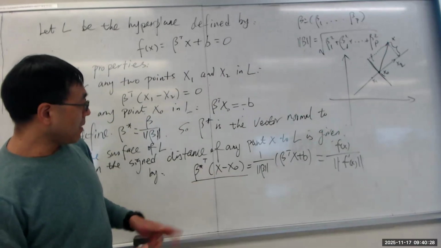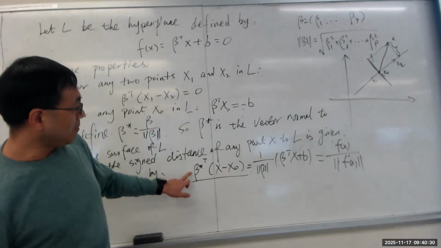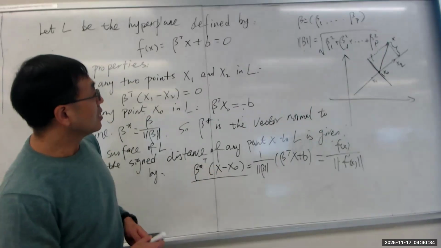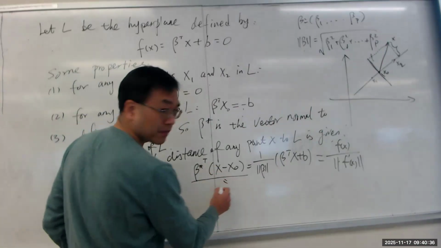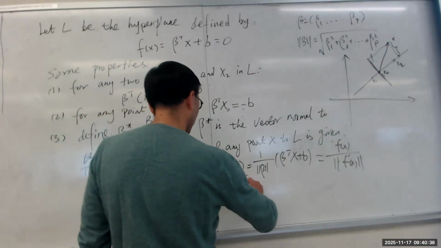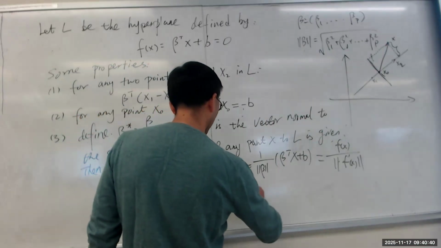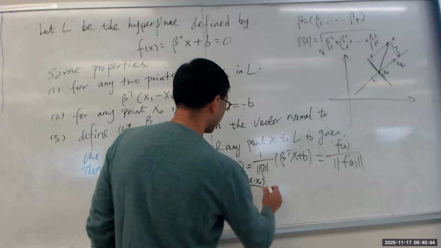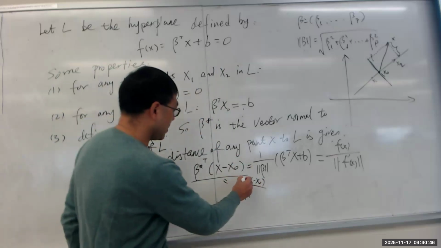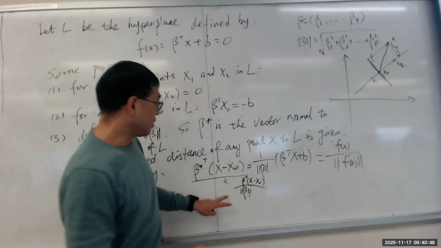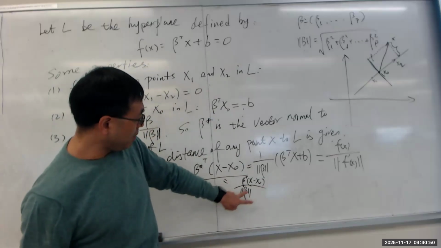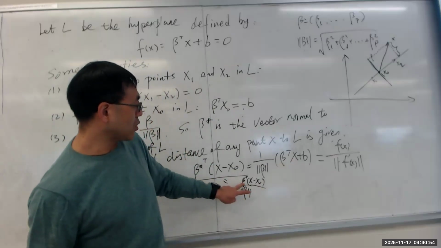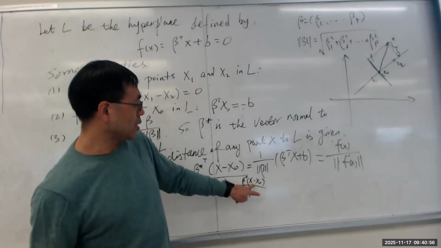Because we know beta star is equal to beta over the norm of beta, this is equal to beta over norm of beta times (x minus x0). So you have beta transpose x over the norm of beta, minus beta transpose x0.